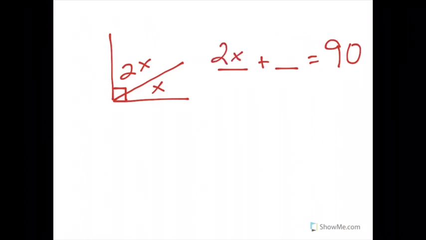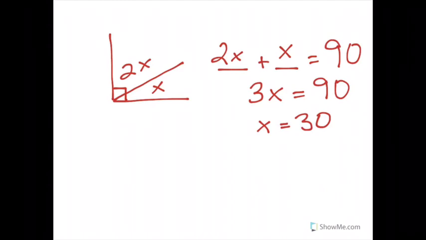If we substitute our angles into the equation, we have 2x plus x equals 90. We combine like terms to get 3x equals 90. So 3 x's are shared with 90. Each x is equal to 30 degrees, 30, 60, 90.